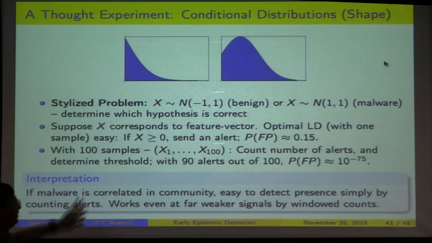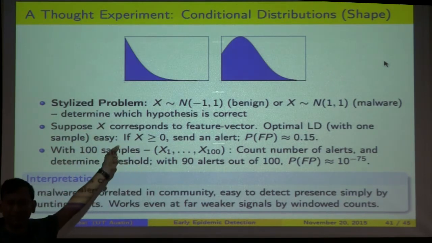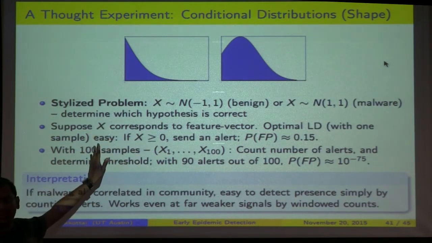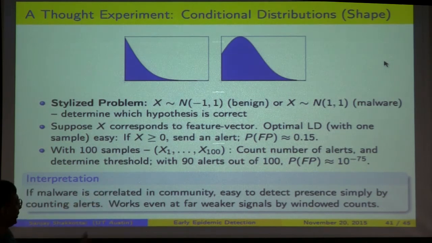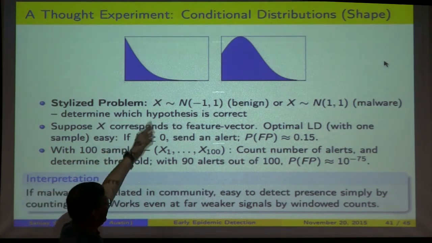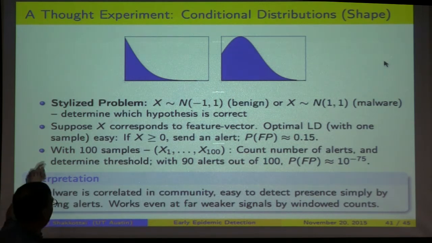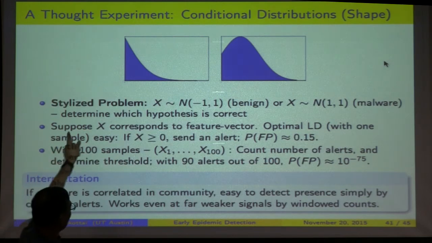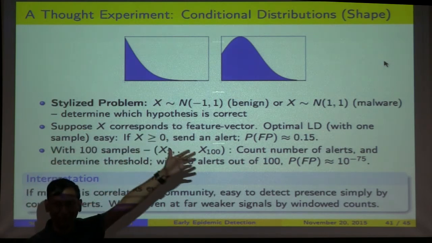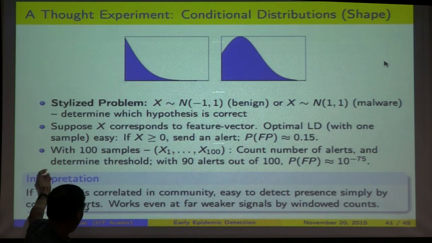So let's look at this, and that's all this malware or benign is. Can you distinguish between these two? Of course you can. It's the simplest hypothesis testing question, taught at an undergrad level. It's a binary hypothesis testing question. You've got a vector of 100.